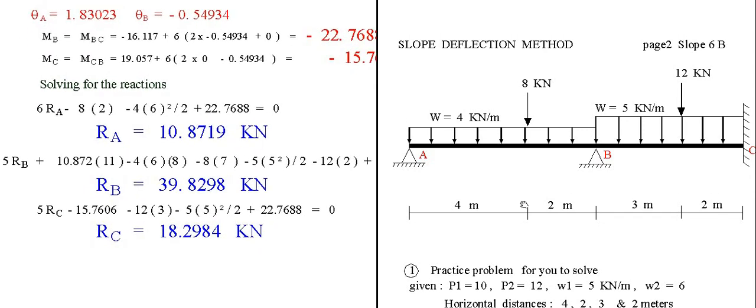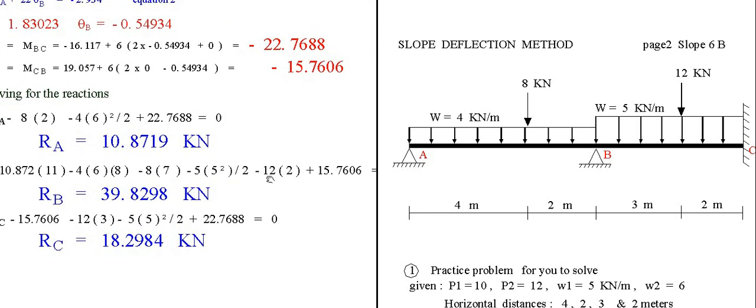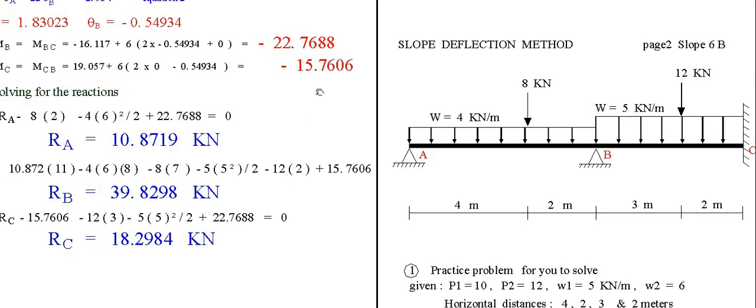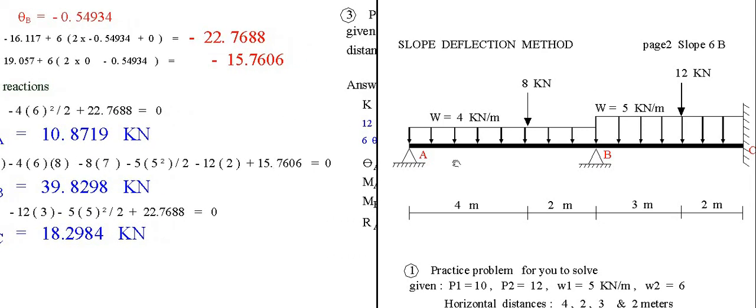Then solving for RB, we take moment at C. The moment at C is 15.76. Again, if we sum up all the moments here on the left, it must be equal to the moment at C on the right, which is 157606.